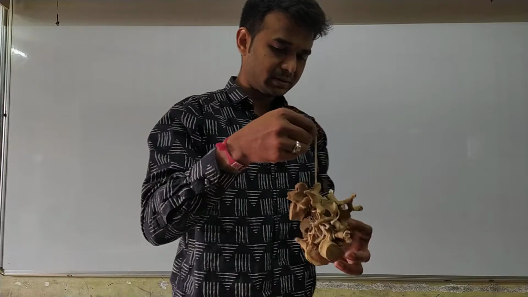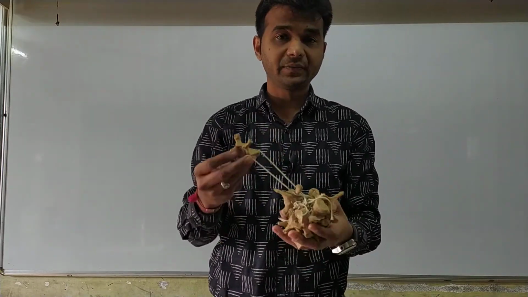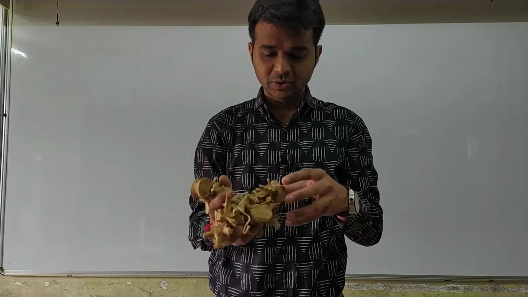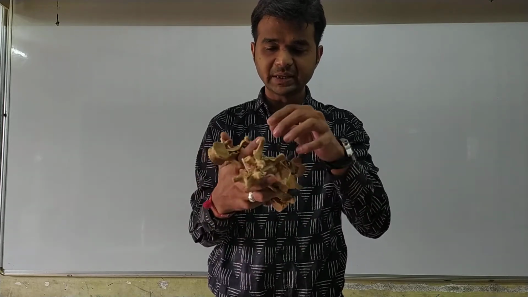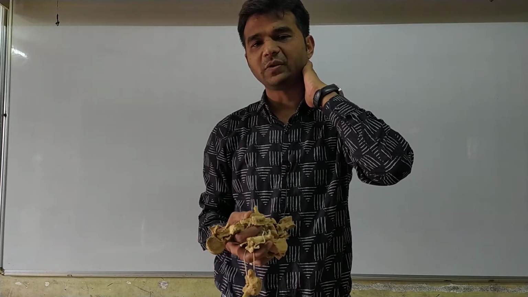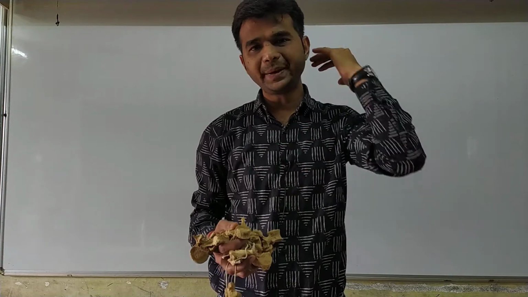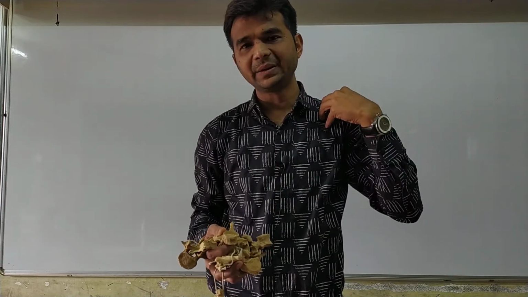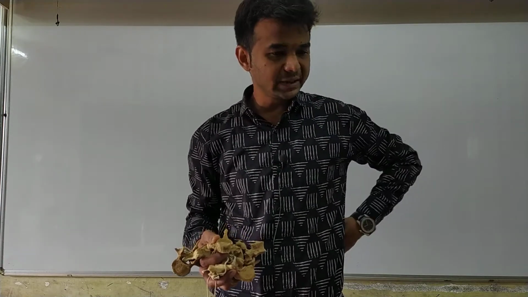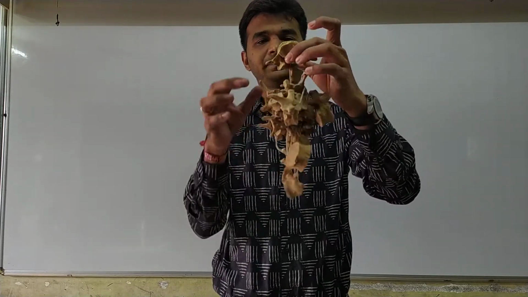Next are ribs. So here so many ribs are there, and vertebrae are there. In the vertebrae you see that just in the neck region small vertebrae are there, and in the thorax compared to the neck region large vertebrae are present, and just in the lumbar region very broad vertebrae like this.